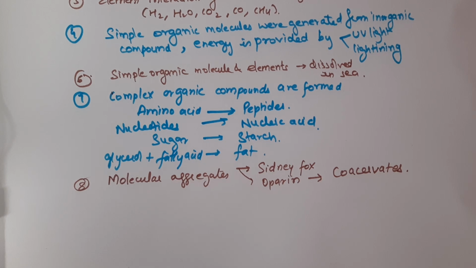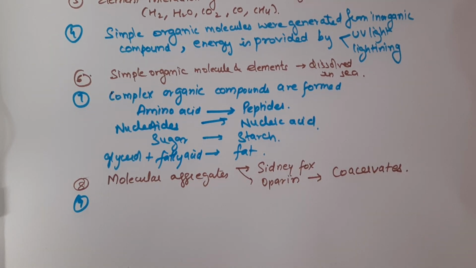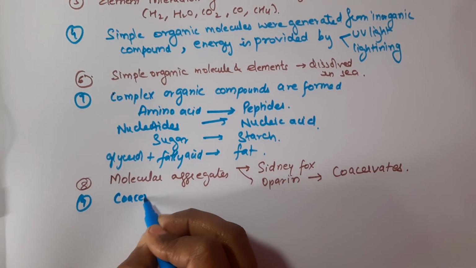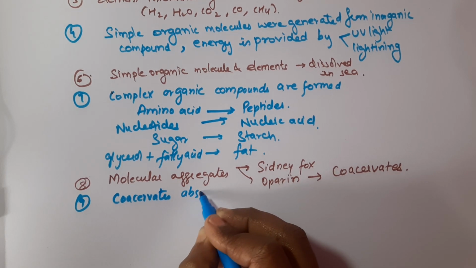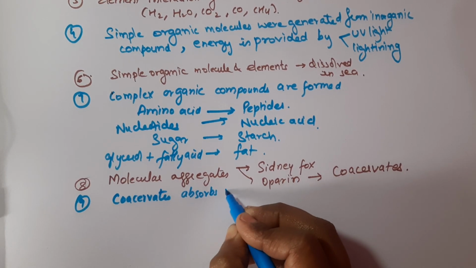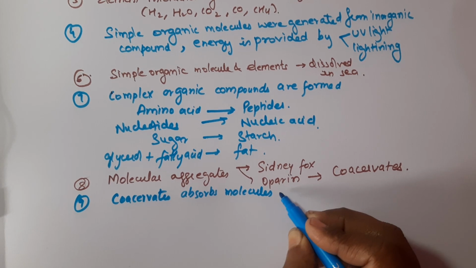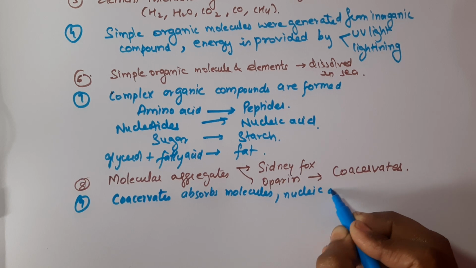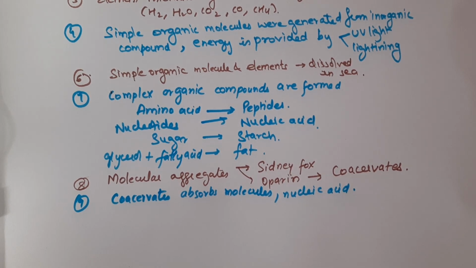So the next step is the growth of coacervates. How does this coacervate grow? They absorb molecules from their surroundings, and the nucleic acid took the control.